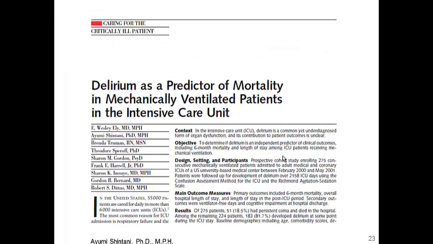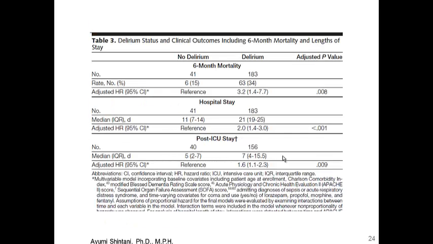This is an example from one of my collaborative studies. We collected data on delirium in the ICU among mechanically ventilated patients. We presented this table: the median time to hospital discharge is 11 days, with an interquartile range of 7 to 14 days, among patients without delirium.